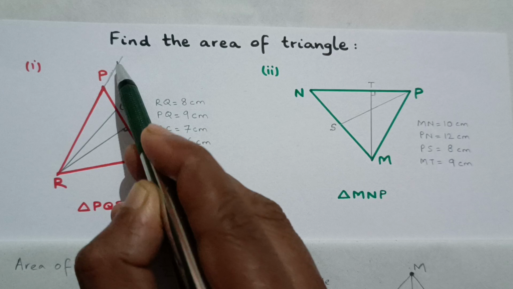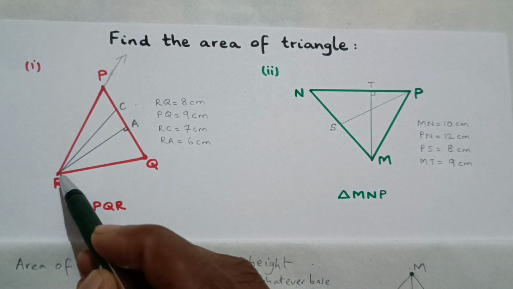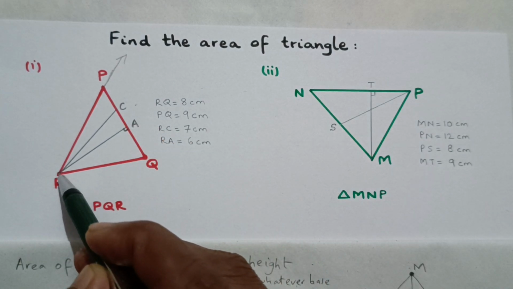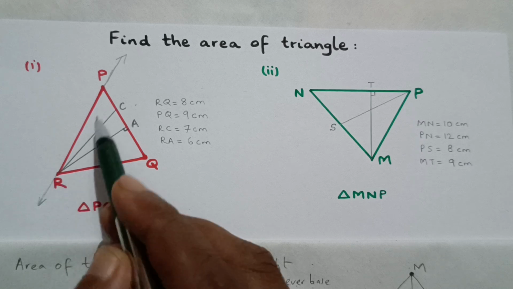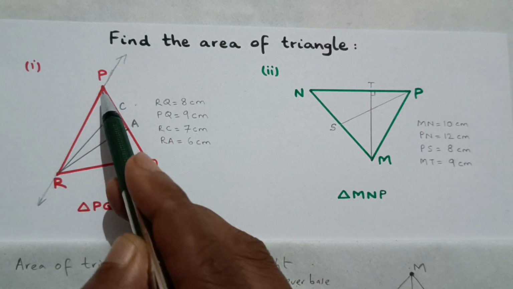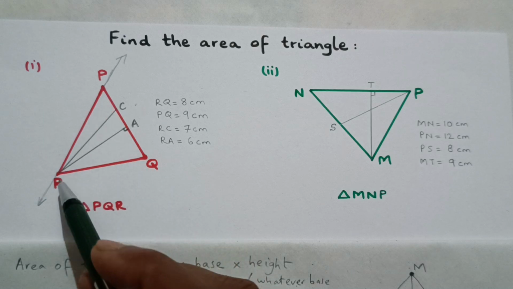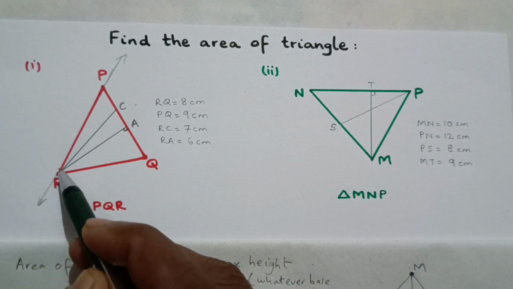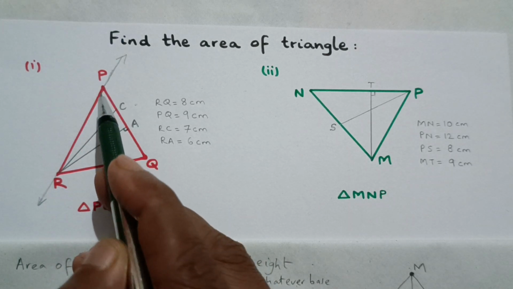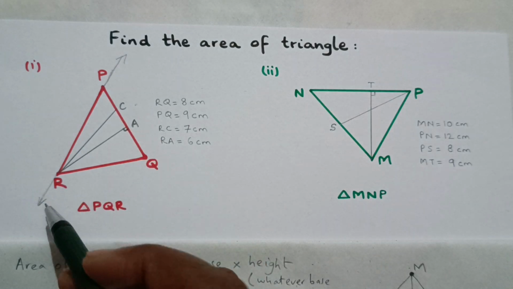So you can extend it in this direction and you can extend this line in this direction. So this is the line on which side PR sits. I have extended it in both directions.